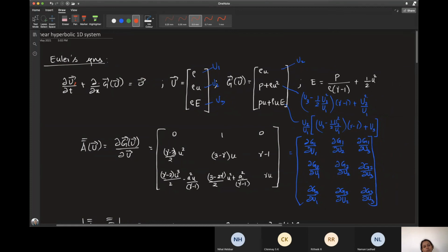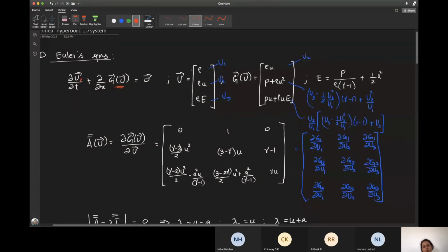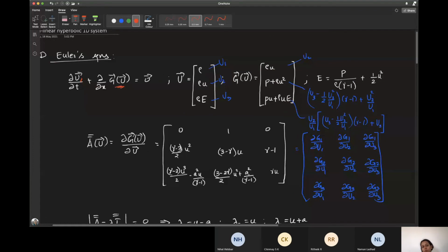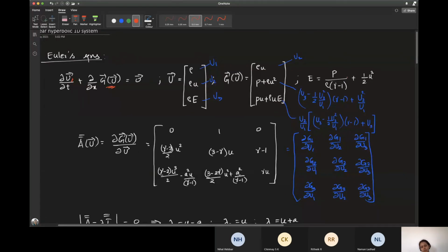Your u vector is the conserved variable vector and g vector is the flux vector. I have written the 1D Euler's equations. The u vector has rho, rho u and rho e, where e is the specific total energy, P by rho into gamma minus 1 plus half u squared.